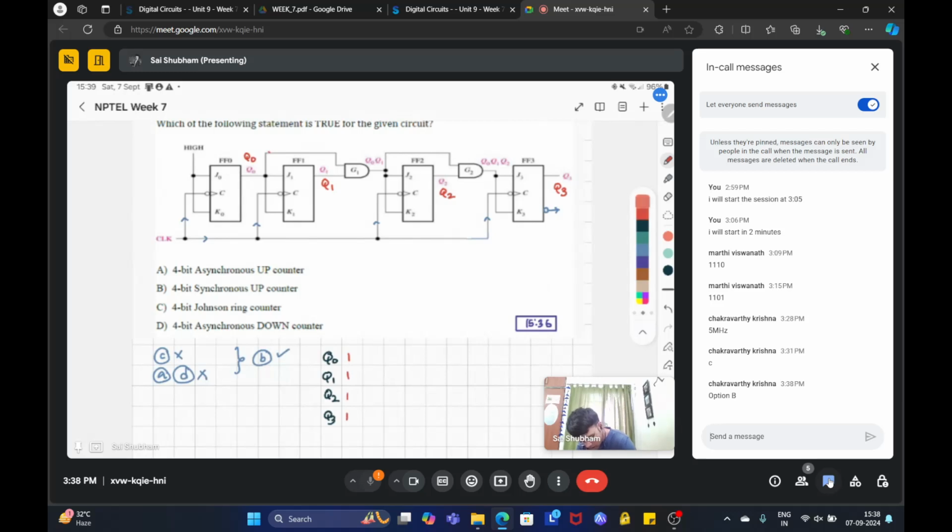Now, this Q0 will go to 0. Since Q0 was 1, Q1 will also toggle. So this will be 0, this will be 0, and this will be 0. Fine.